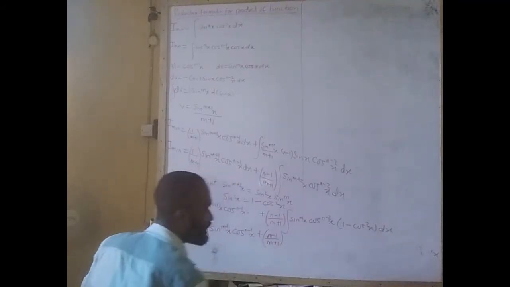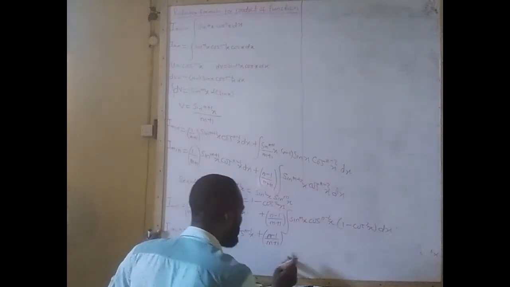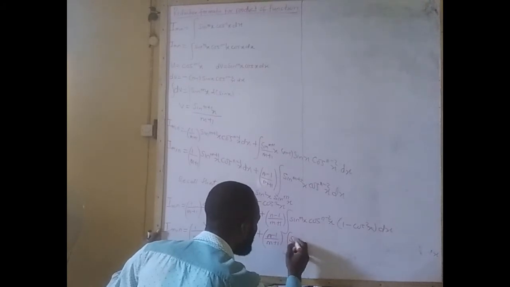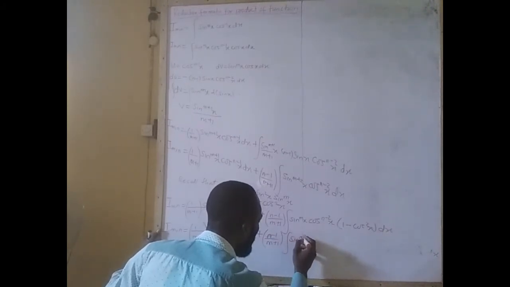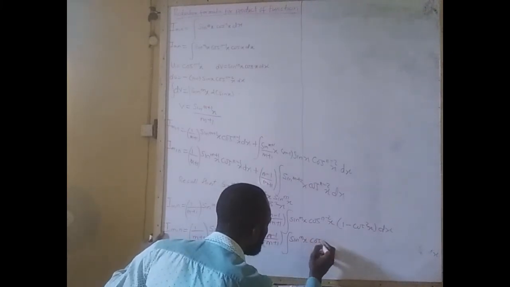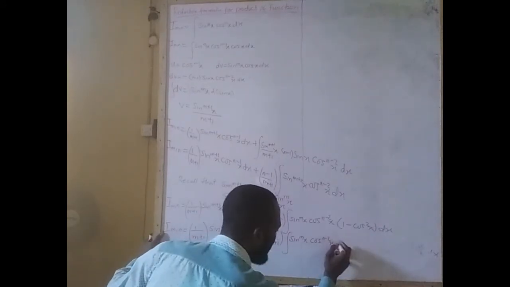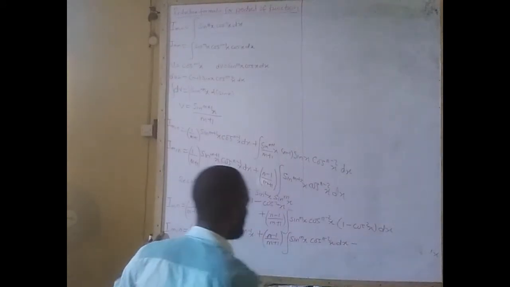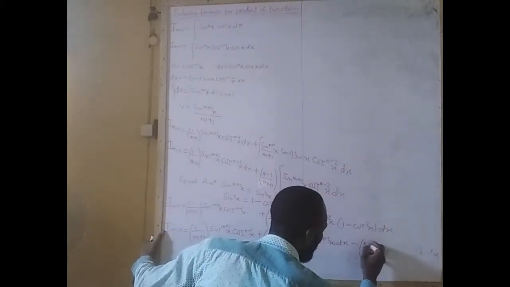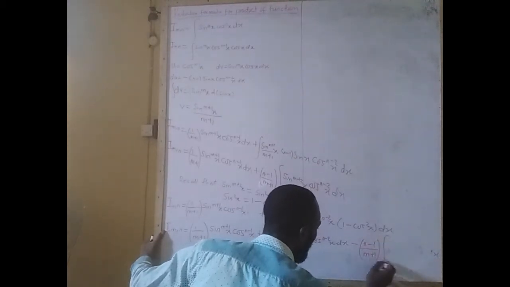I want to open the bracket with that 1 minus cos^2 x. Then if I do that, I'm going to have the integral of sin^m x cos^(n-2) x dx minus the same thing, since I'm splitting, with (n minus 1) divided by (m plus 1) integral.